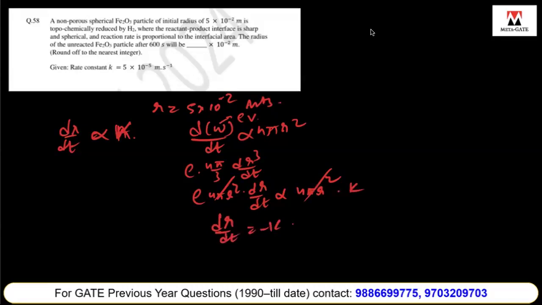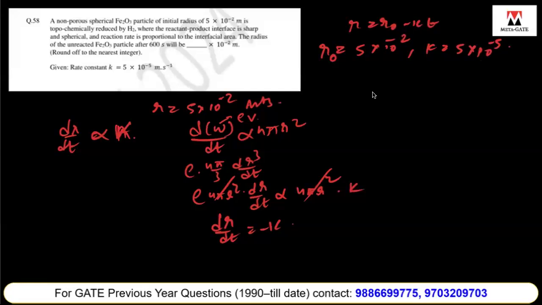Okay. Now we got to know that r is changing from initial radius r naught to r. So r is equal to r naught minus kt, if you integrate this. So r naught is equal to 5 into 10 power minus 2, and k is equal to 5 into 10 power minus 5.